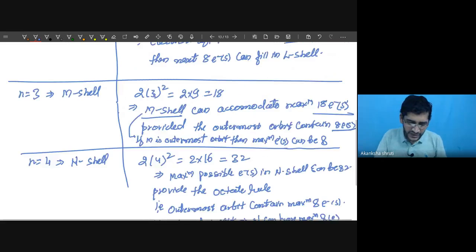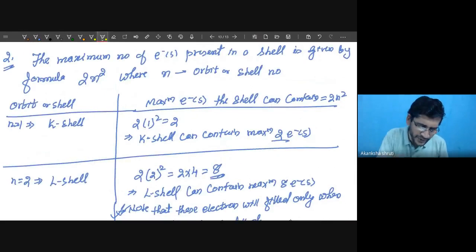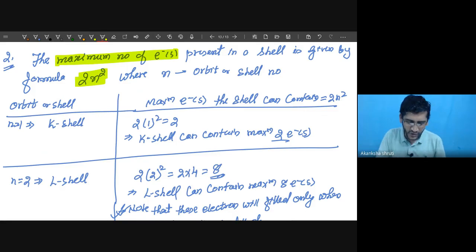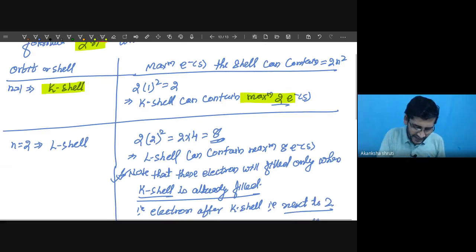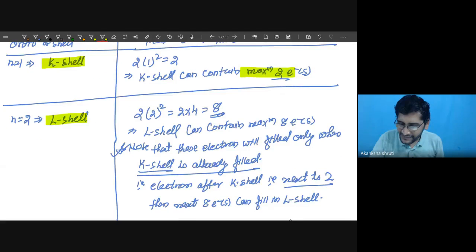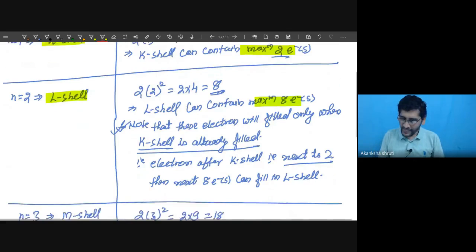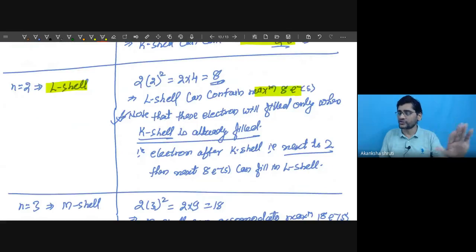Getting, no? So these are the important points that we have to keep in mind. The formula followed for the maximum possible electrons is given by 2n square. By this formula, the K shell can contain maximum 2 electrons. The L shell can contain maximum 8 electrons. Up to this much, there are no issues.